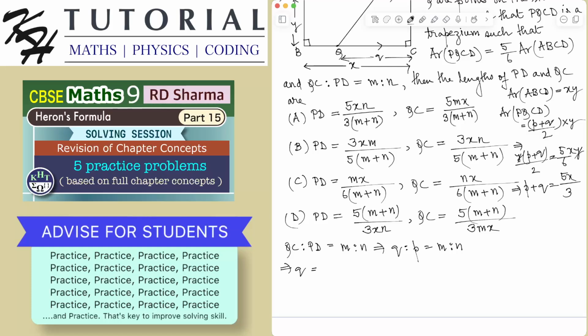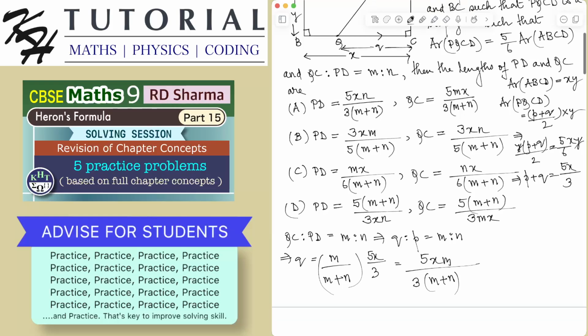So we can clearly say q will be equal to m by (m plus n) multiplied by the value of p plus q, which is 5x by 3. This, after simplification, is 5xm divided by 3 into (m plus n).